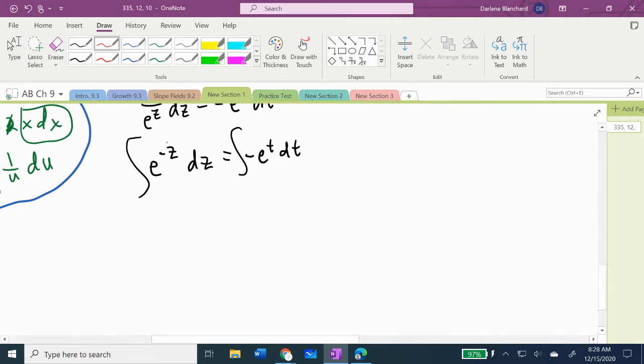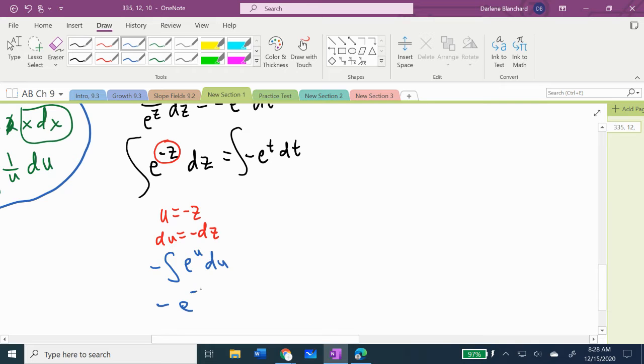I need to do a u substitution with the negative z. And that will give me an extra negative sign. So I wind up getting negative the integral of e to the u du, which will then integrate to negative e to the u.